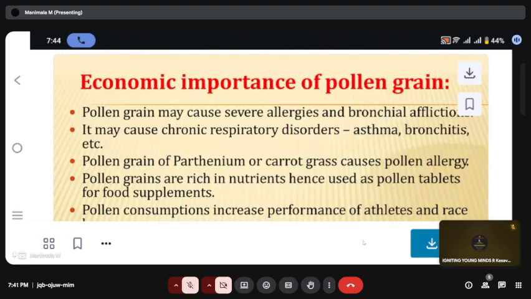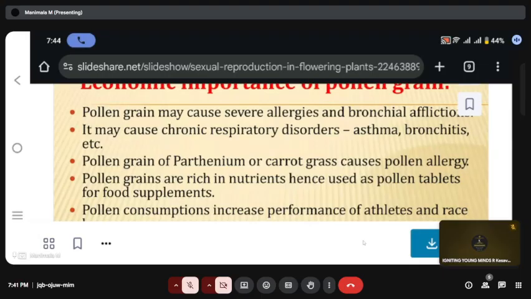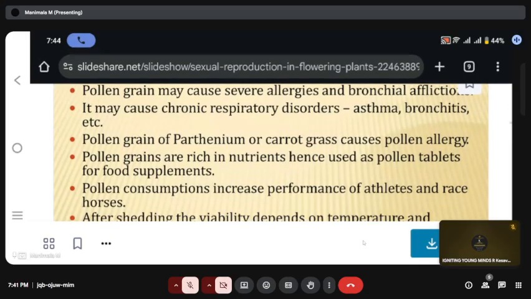Okay, and now the beneficial side. With the help of pollen grains we can make tablets. In foreign countries they are making them. It is rich in nutrients, and with the help of these nutrients they make tablets.